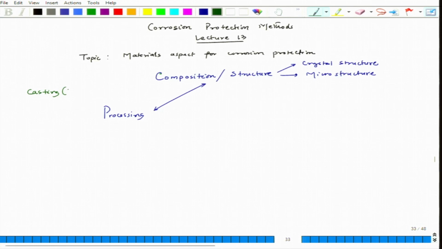The casting actually involves melting plus solidification. In fact, if we consider the casting part, let us say steel, in one case we take around 3.1% or 2.9% carbon steel, and if we do casting, let us say we take it to a temperature around 1100 degrees Celsius, where everything will be molten, because I am considering the cast iron part.